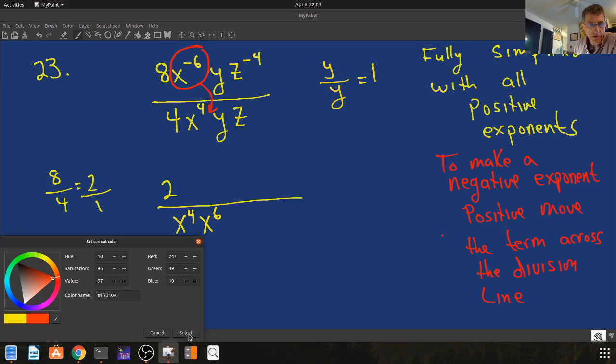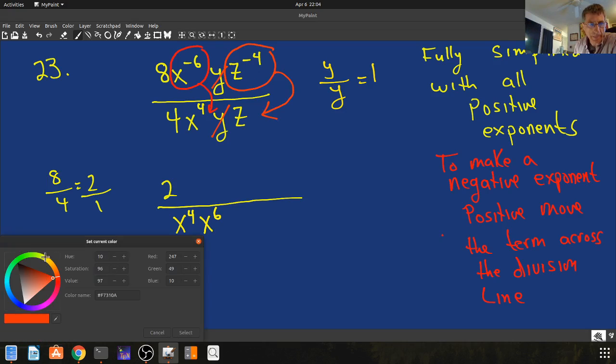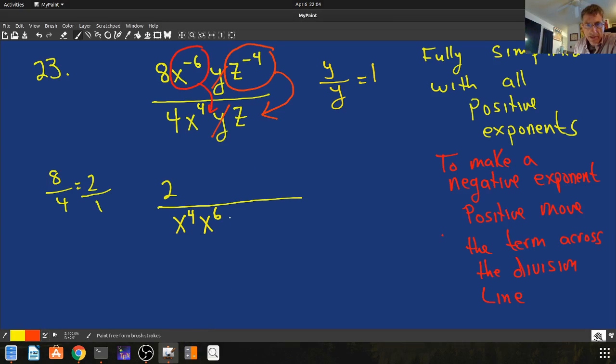So the y terms cancel out. And then I'm going to take the z to the minus 4th and move it under here to make that negative exponent positive. So I already have my z term down there, and it's going to be joined with z to the 4th.